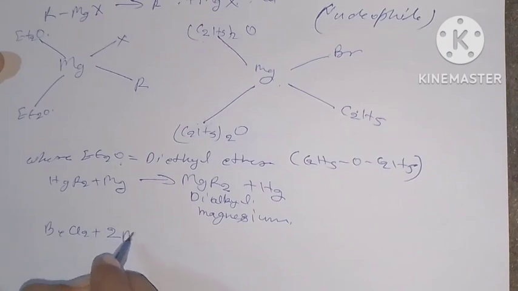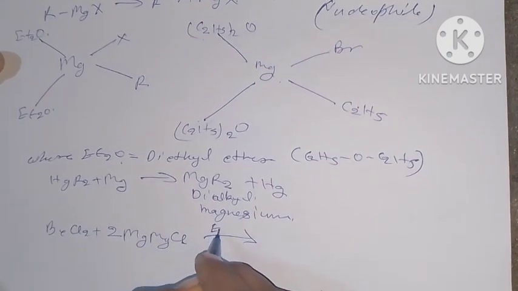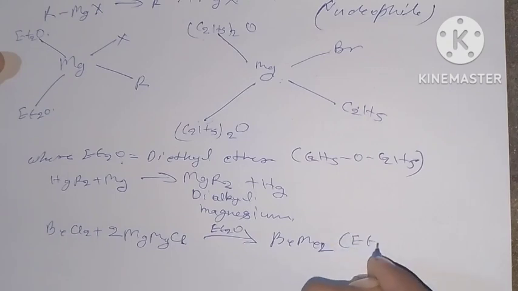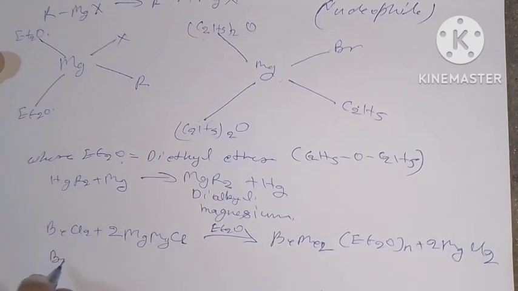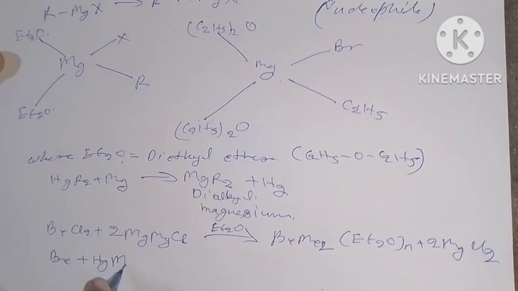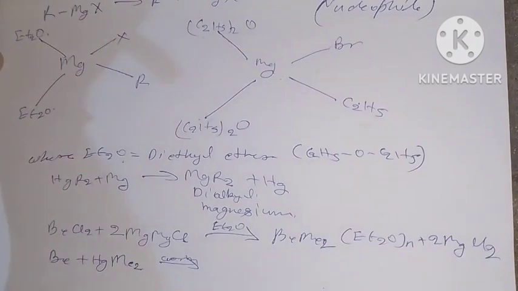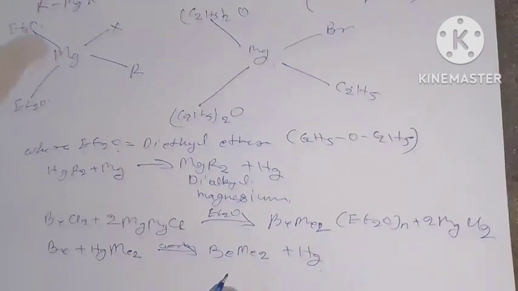BeCl2 plus 2MeMgCl in Et2O gives BeMe2 plus 2MgCl2. Also, beryllium plus HgMe2, when warmed, gives BeMe2 plus Hg, mercury.